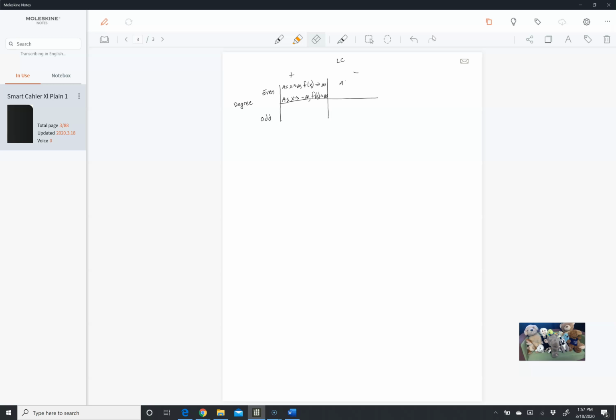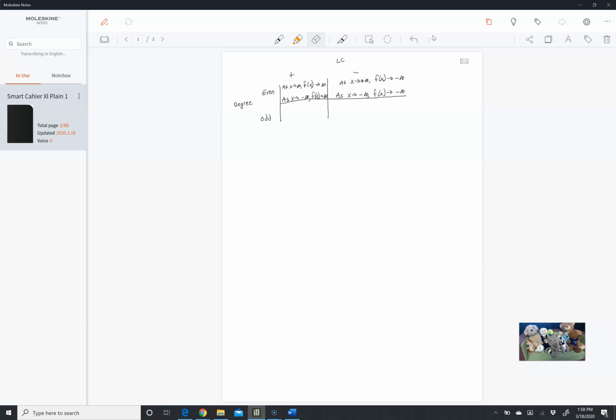As we go to the right, to positive infinity, we fall, so we go to negative infinity. And as we go to the left, we also fall, so we go to negative infinity.